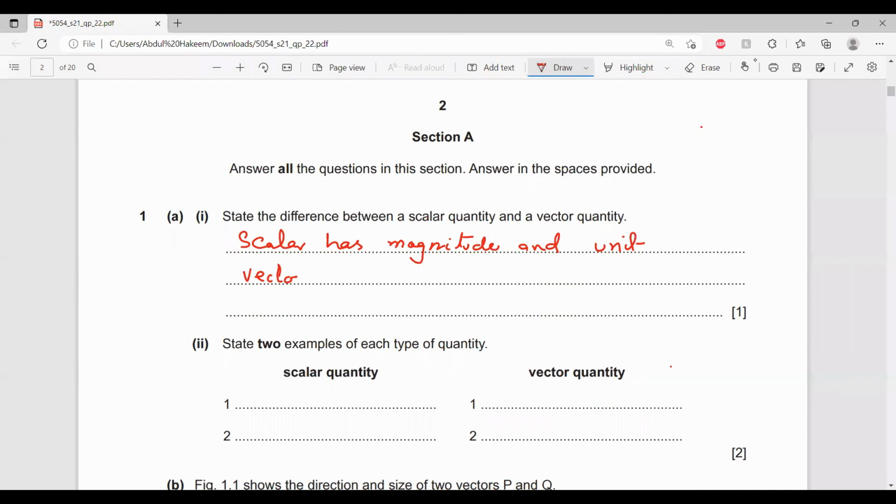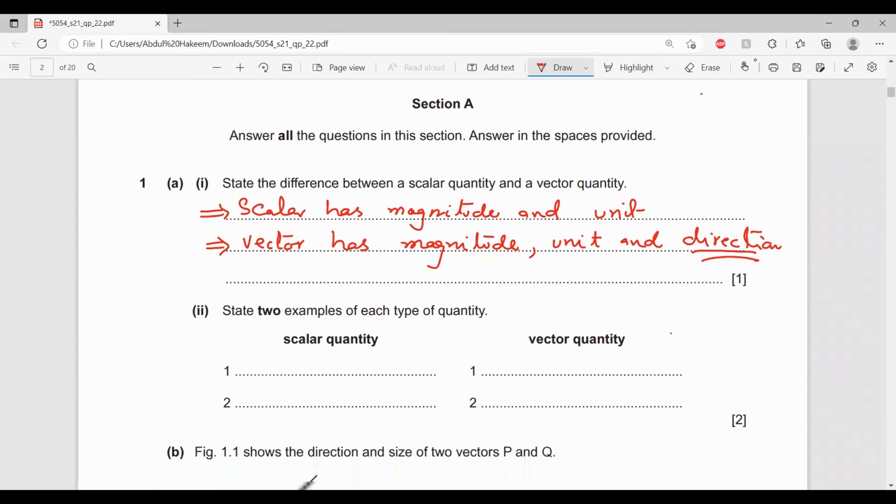A vector physical quantity has magnitude, unit, and most important, direction. So this is the difference between scalar and vector. The difference is only of direction.